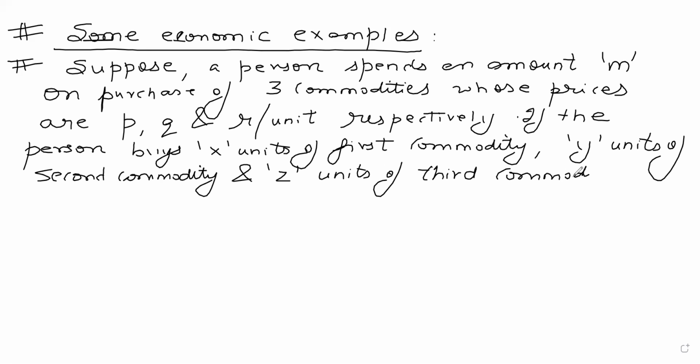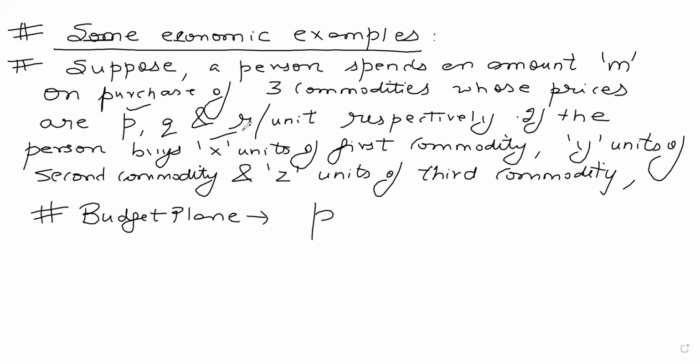We can write the budget line. My budget line, now this will actually be called a budget plane, because now it's 3 dimensions. So P times X plus Q times Y plus R times Z equal to the income of the consumer, which is M.